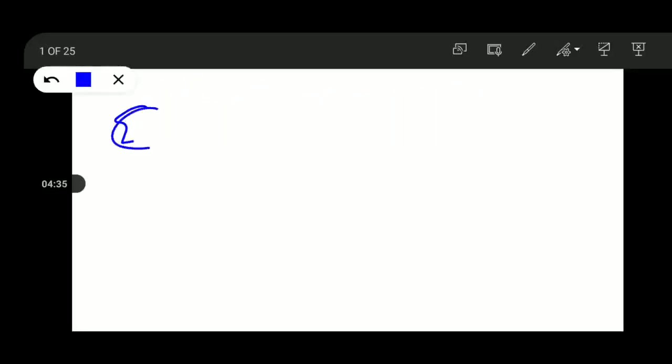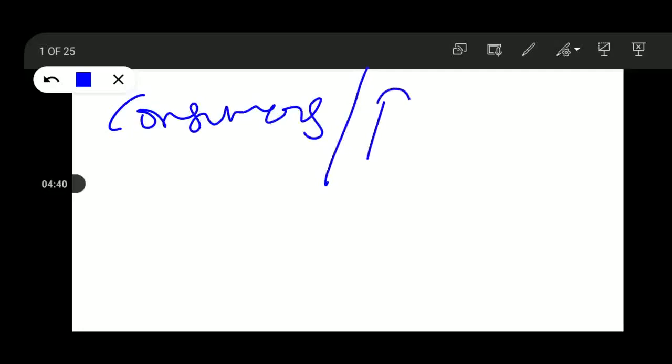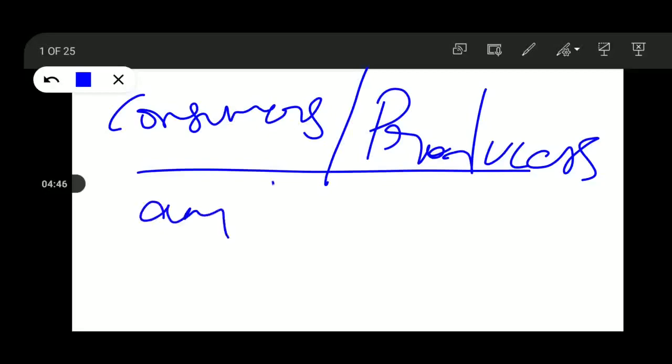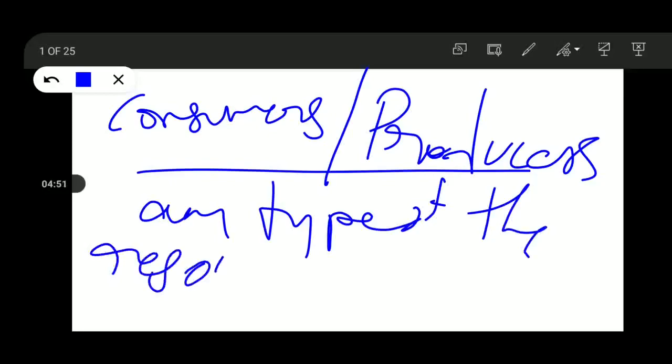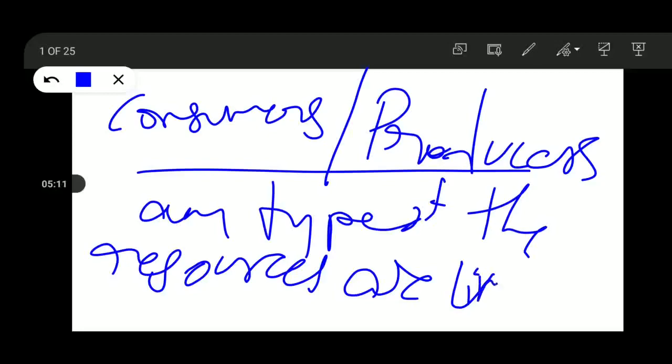Even for the consumers or for the producers, any type of resources are limited.